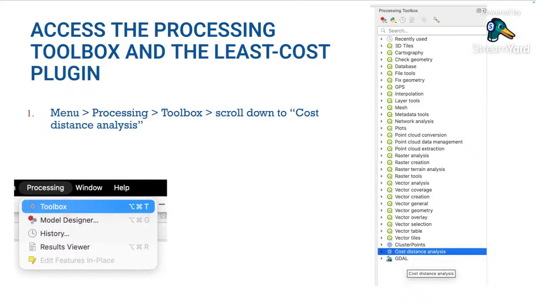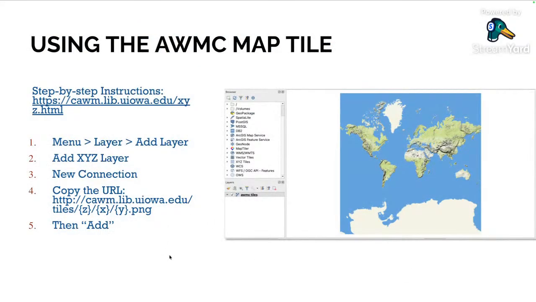You can minimize it, you can take it out from your project, but it will give you access to the cost distance analysis. So open the toolbox, scroll down to cost distance analysis, and this is what you will be needing to do the least cost path exercise. For the Ancient World Mapping Center map tile, you can follow these instructions again, and you have these details on GitHub as well.